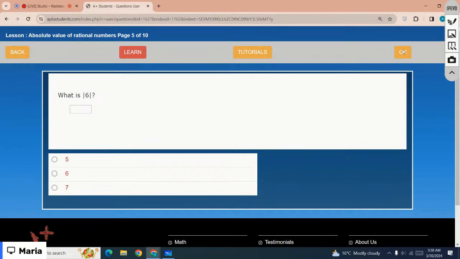What is the absolute value of 6? Which is the correct option? The correct option is option number 2, right?